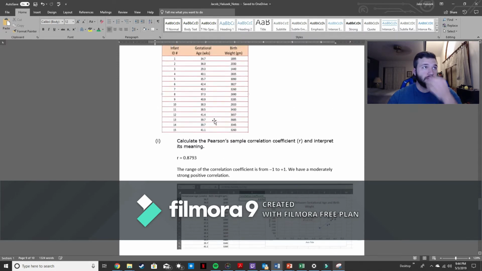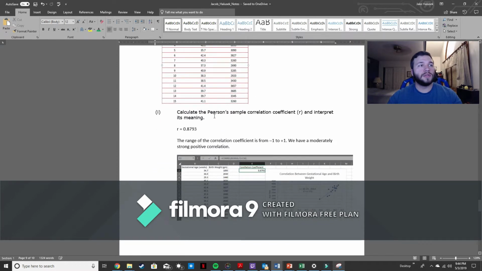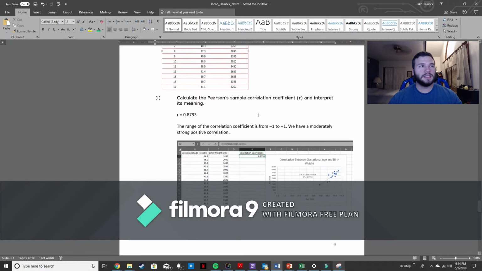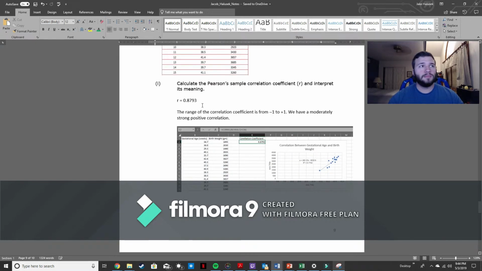First things first, we're told to calculate Pearson's sample correlation coefficient, or find the R value, and interpret what that means. My R value came out to be 0.8793.